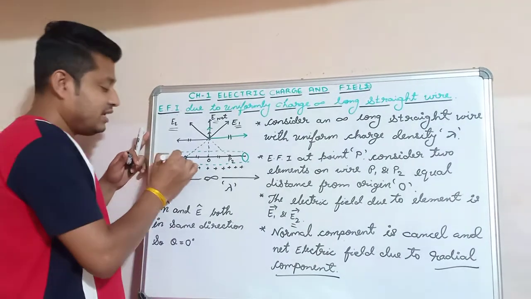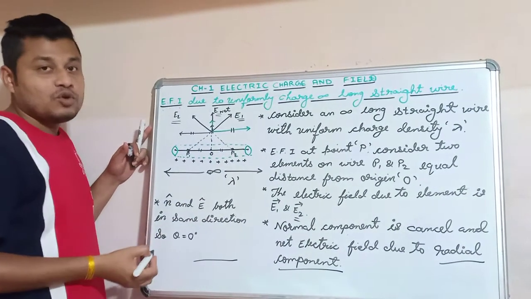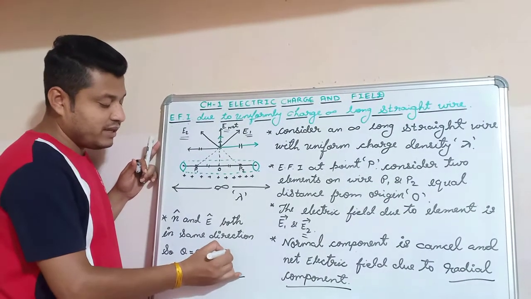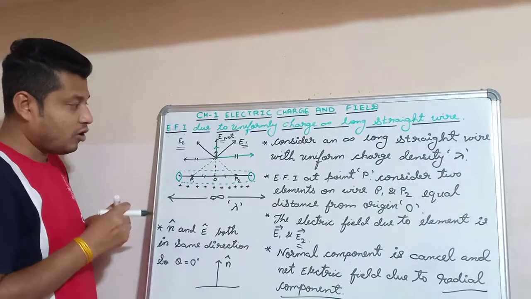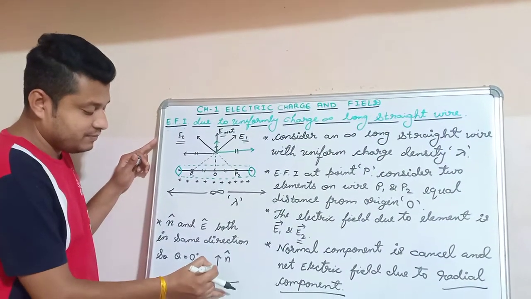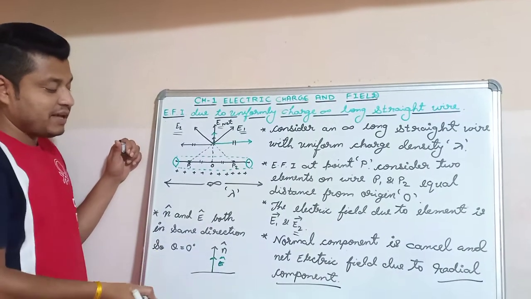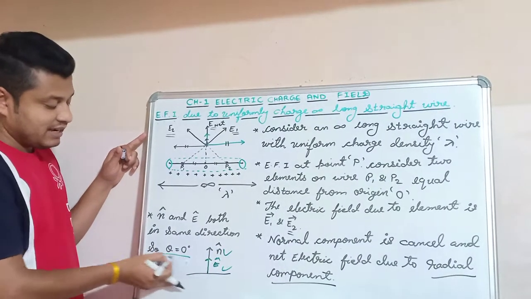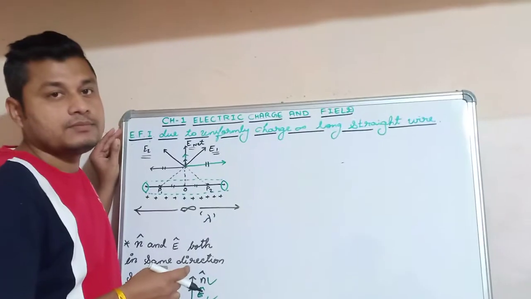The area vector is always perpendicular to the surface, so it is in this direction, and the electric field is also in this direction. So what is the angle between electric field and area vector? It is 0 degrees. So theta is equal to 0 degrees.